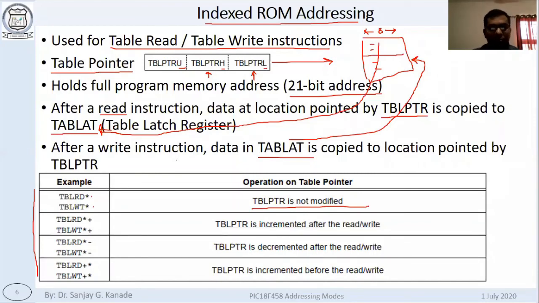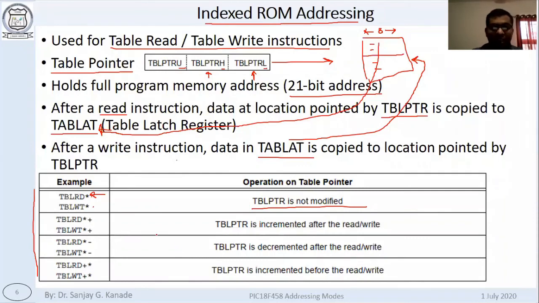If there is a TBLRD* instruction, the value will be read, but the table pointer will not change. If it is TBLWT*, the value will be written, but the pointer will not change.